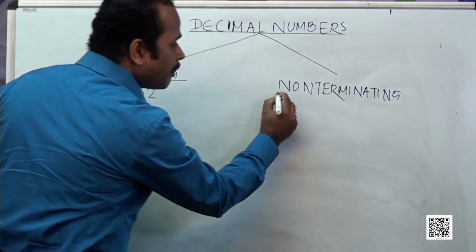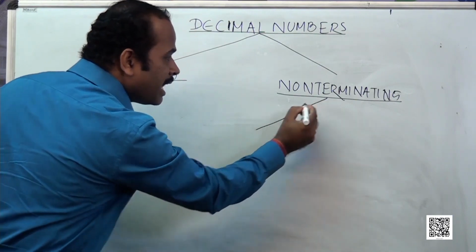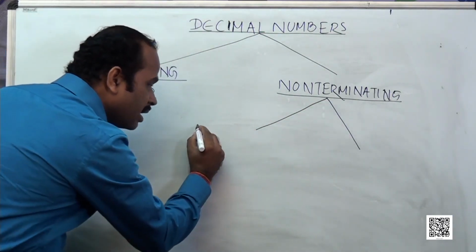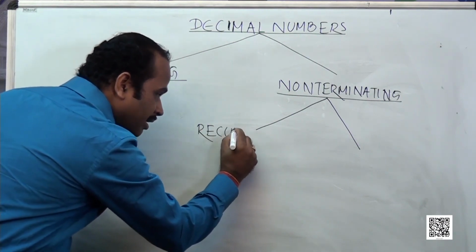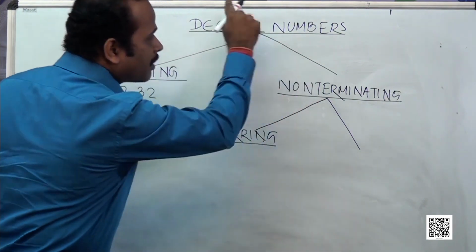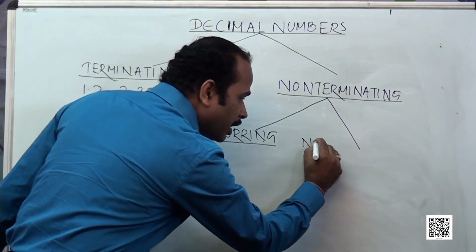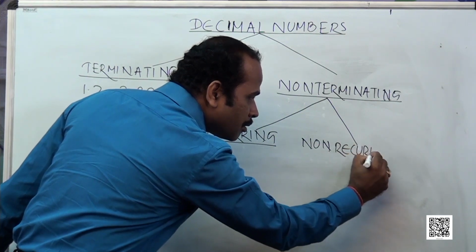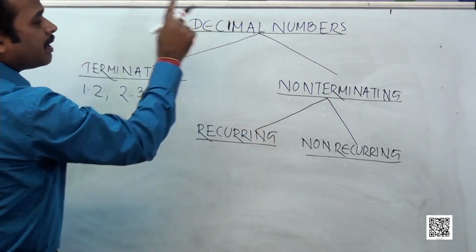Now come to non-terminating decimal numbers. These are again classified into two parts: recurring, or repeating, non-terminating decimal numbers, and non-recurring, non-terminating decimal numbers.